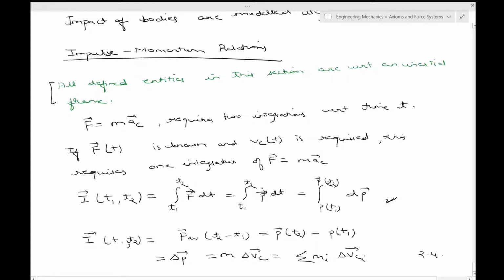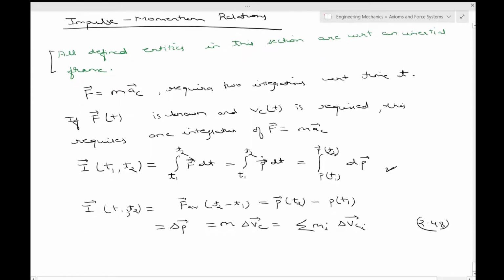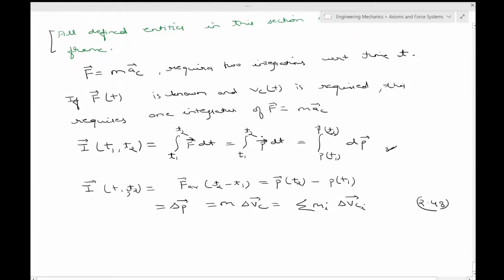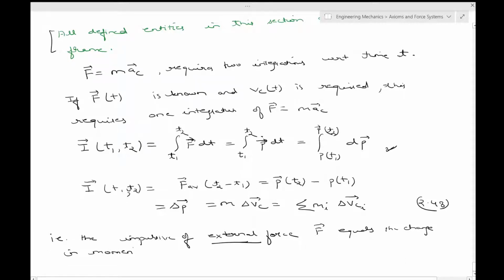This is 2.48. That is the impulse of external force. So Euler's axioms are only about external forces, though it was not needed, I still wrote it, equals the change in momentum.